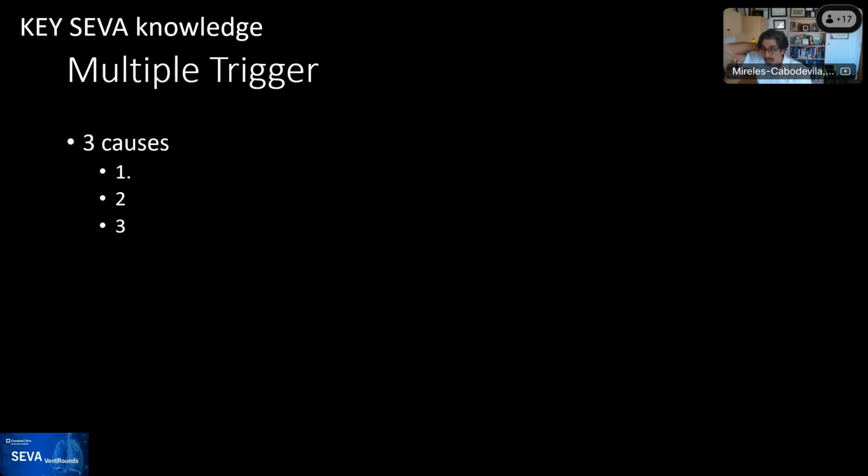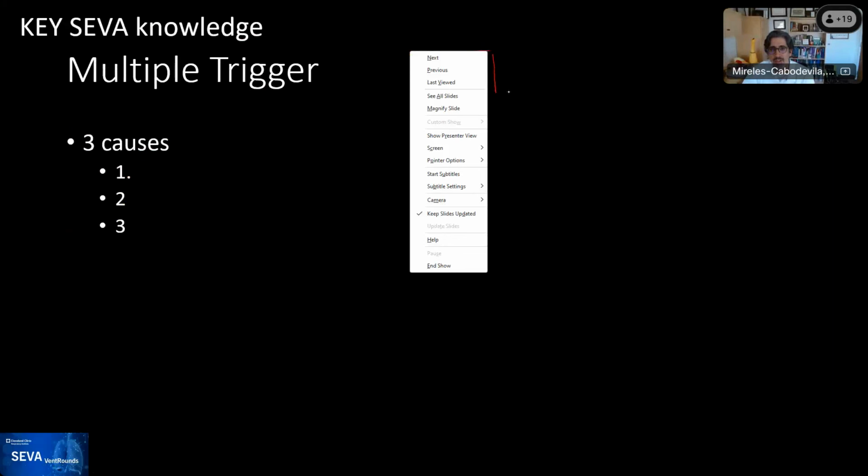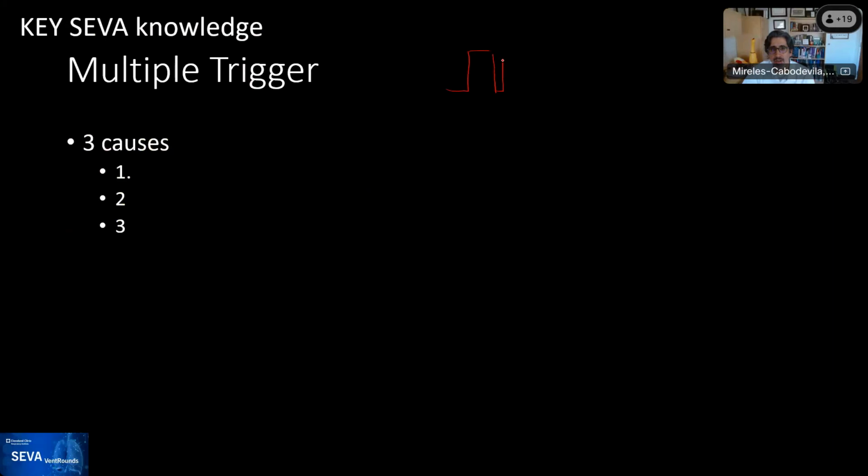And so I think the first thing I would ask you to consider sharing with us is: there are three causes that we have identified for multiple trigger. And what multiple trigger means is that there are two inspiratory events that occur. I'm going to put here, on pressure control, you have inspiration, and then you see another breath rapidly thereafter.